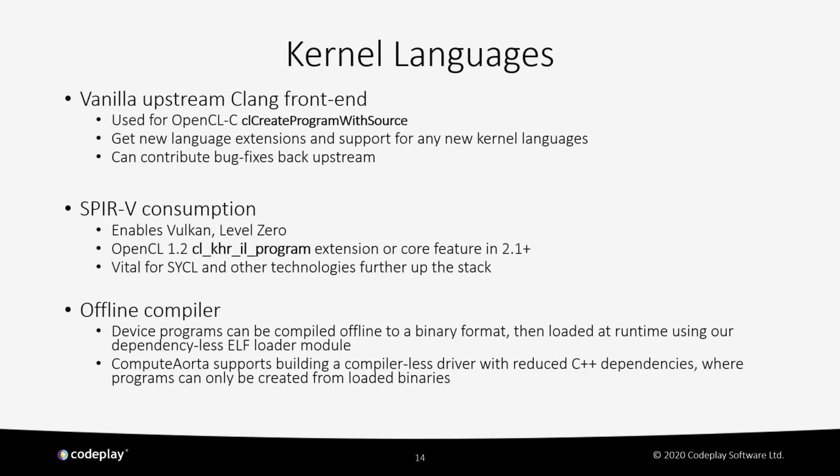So a crucial component of supporting a wide range of APIs is enabling their kernel languages. In the case of OpenCL, this is primarily OpenCL-C and SPIR, but also SPIR-V as being the real primary method of supporting a wide range of heterogeneous APIs, including Vulkan and Level 0, and then OpenCL through the CL create program with IL extension as a core feature later on after 1.2, and really for enabling SYCL and other technologies up the stack.